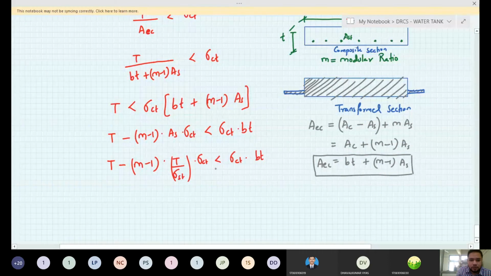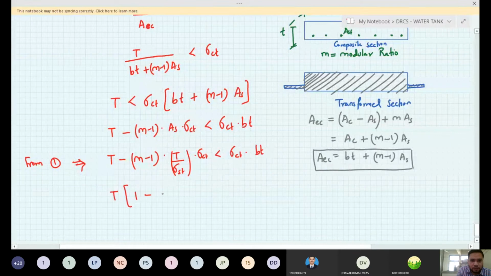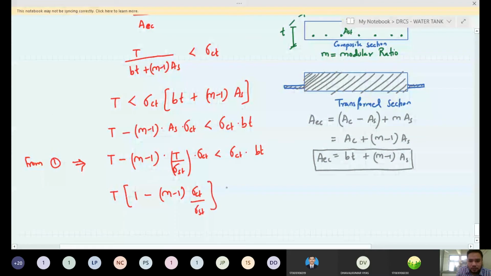This is from number 1. Now you can take T as common: T times 1 minus m minus 1 sigma ct by sigma st, and this should be less than sigma ct times BT.